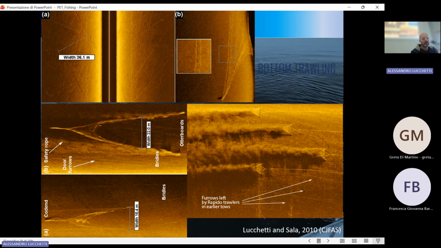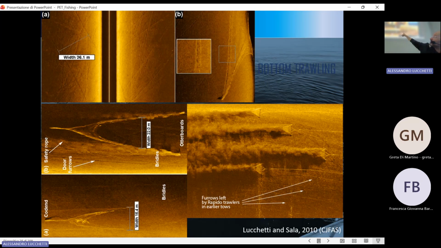And in the past, we did this type of project with a side scan sonar. I don't know, probably some of you are familiar with this device, but you can have a kind of picture of the bottom. And we used this in a different way, because this type of device, the side scan sonar, is commonly used to find objects on the bottom, or to find pipelines, etc. We used this to verify the bottom impact of the different types of trawl.